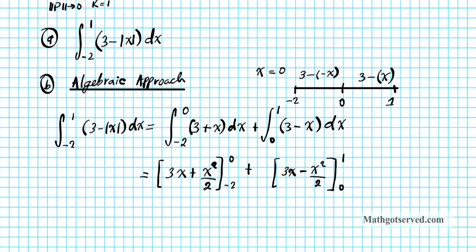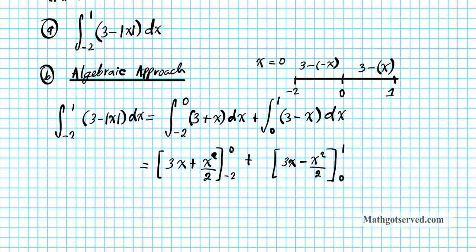Okay? Now, this is pretty easy because when we plug in the upper limit of integration here, we simply get 0 because 3 times 0 is 0, and then 0 squared over 2 is 0. That minus what you get when you plug in the lower limit of integration. All right, so that's 3 times -2 plus -2 squared over 2.